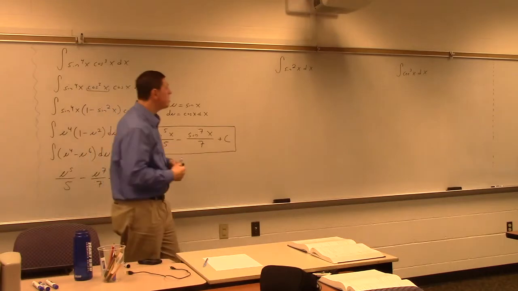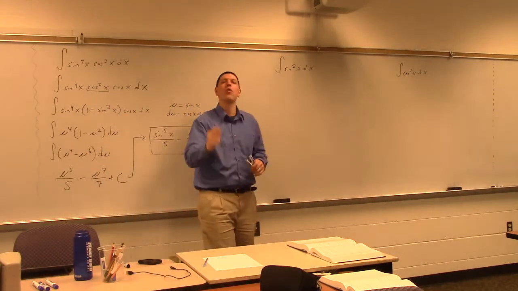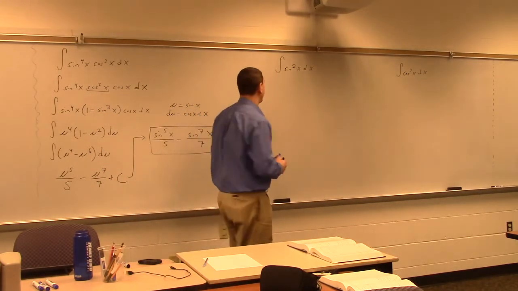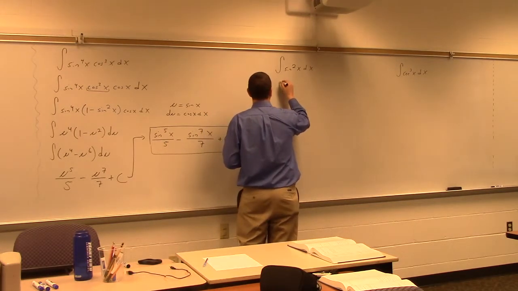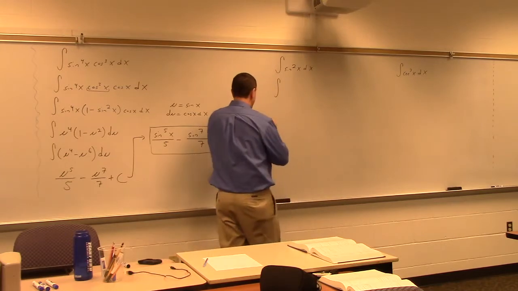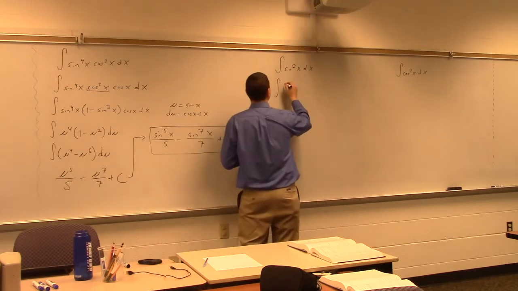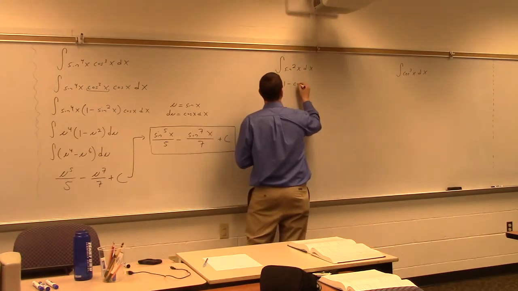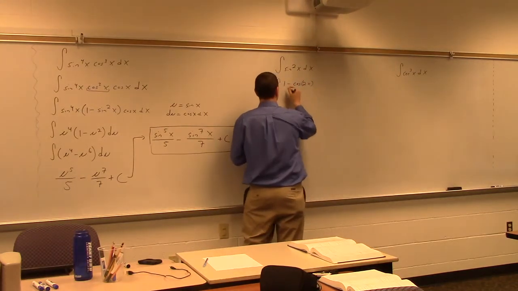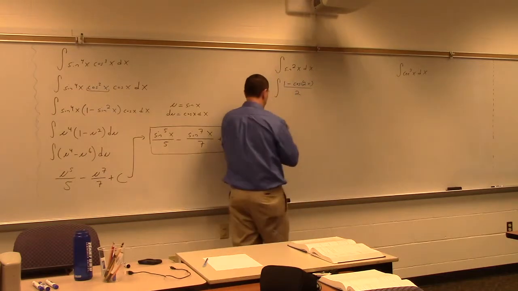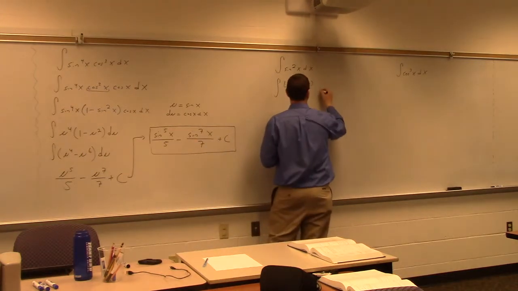However, a good technique to use is something called the power reducing formula. There's a formula that hopefully you guys remember from either trigonometry or pre-calculus that says the sine squared is really the same as 1 minus cosine of 2x divided by 2 dx.